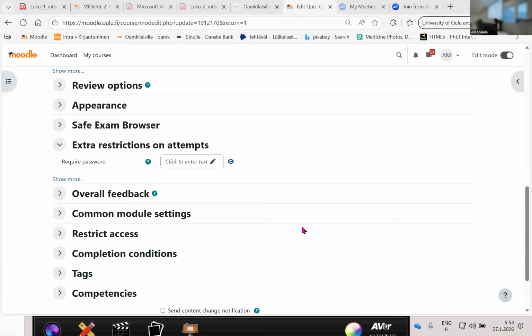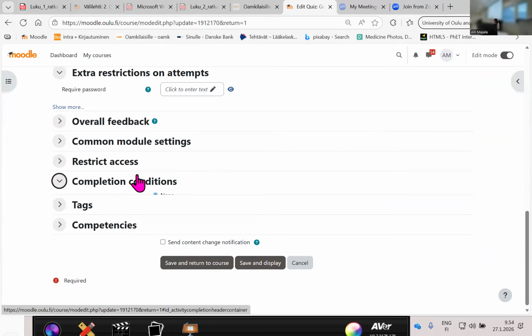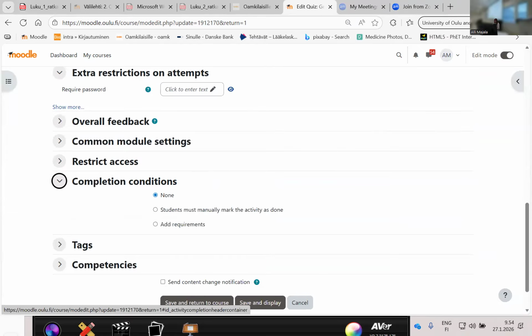No. Restrict completion conditions, tags, competencies. Completion conditions. No, there's nothing. Tags, competency.